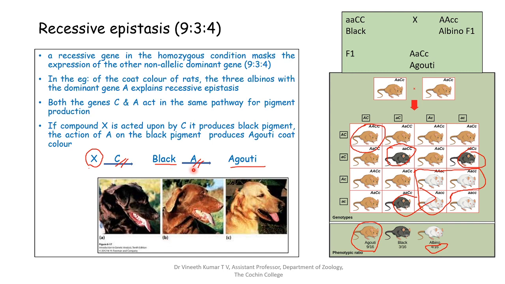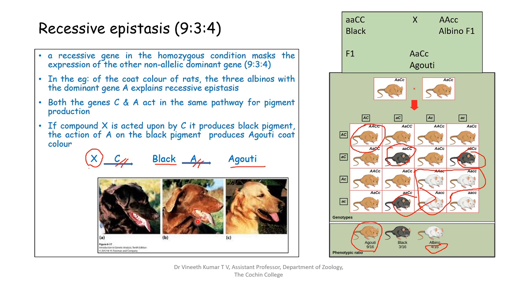And there is another gene like our C and A. There is another gene which is called E, of which small e is an epistatic gene, and that epistatic gene is responsible for the formation of the yellow coat color.